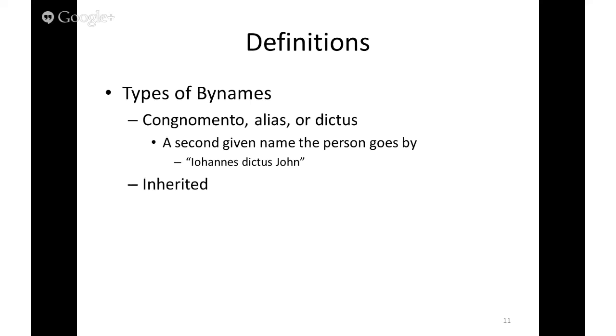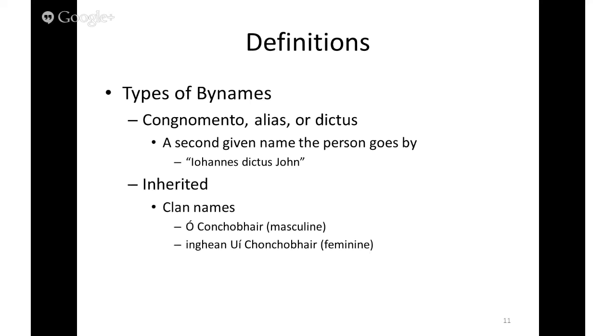And then we have inherited bynames. Inherited bynames can be clan names. For example, very common in Ireland, and I'm going to butcher the names because I cannot pronounce Gaelic at all, but O'Conchobair would be masculine, the feminine would be Ní Conchobair, and those indicate that the person belongs to a clan.